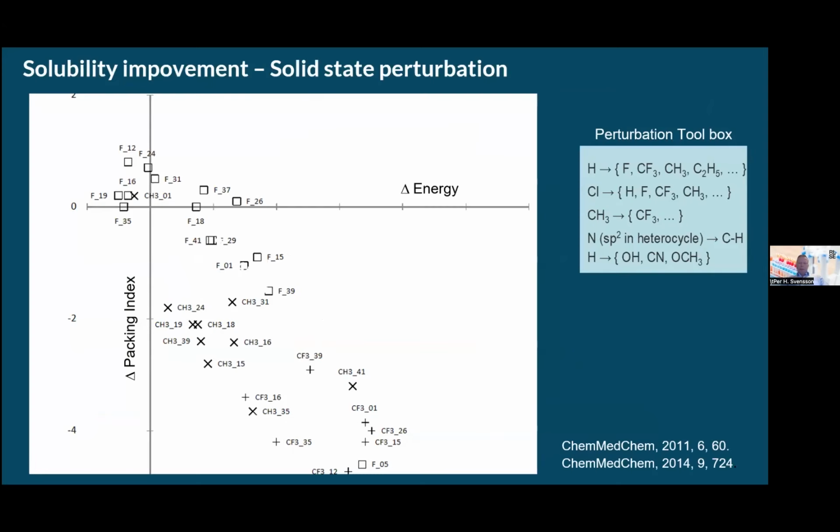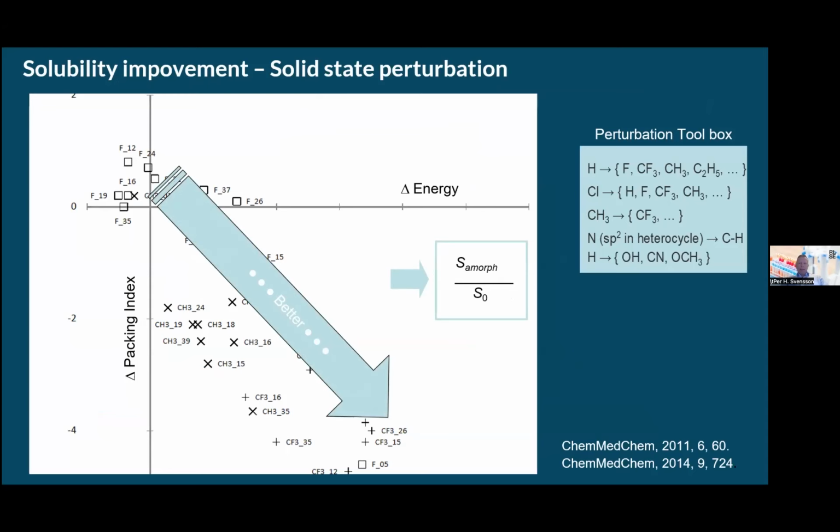And here is an example of a perturbation prediction where different perturbations have been applied. The overall aim is to reduce the difference between the amorphous and crystalline solubility. In the box on the right-hand side, we can see different perturbations, and the result, as I said before, is shown in the plot.